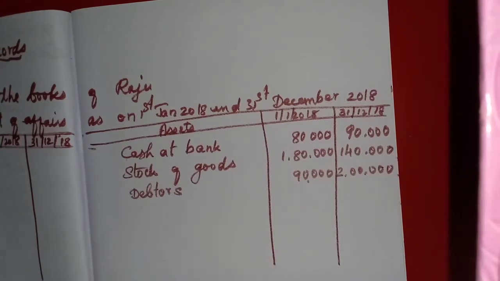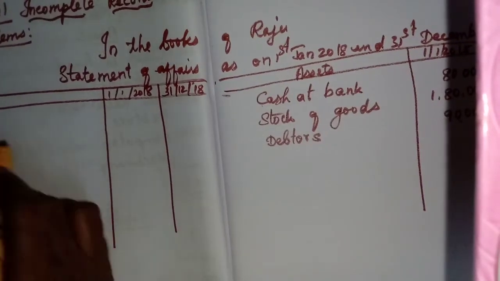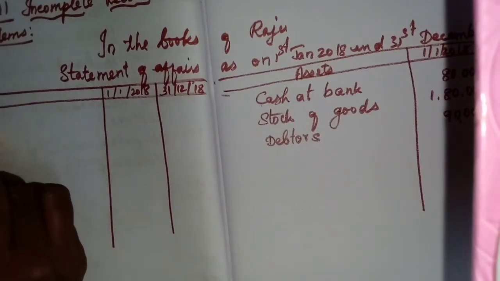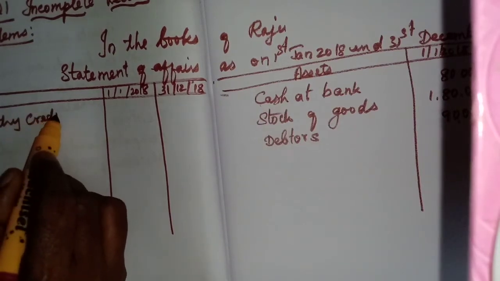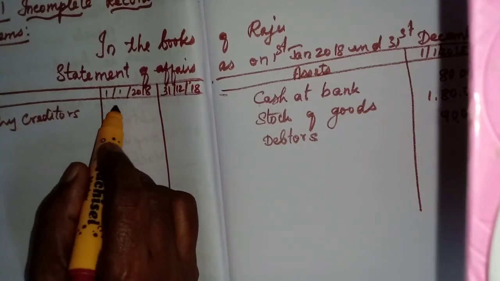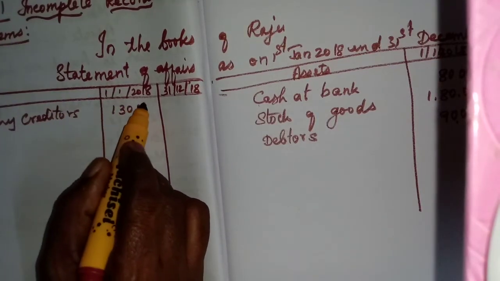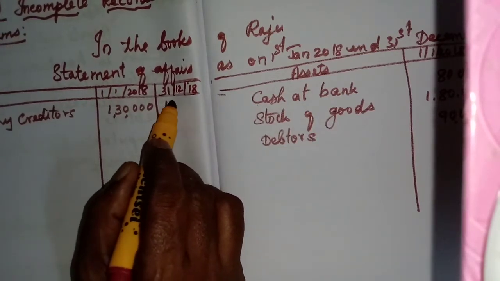Sundry creditors, that must be written this side, isn't it? Sundry creditors one lakh 30,000 and 1,95,000.